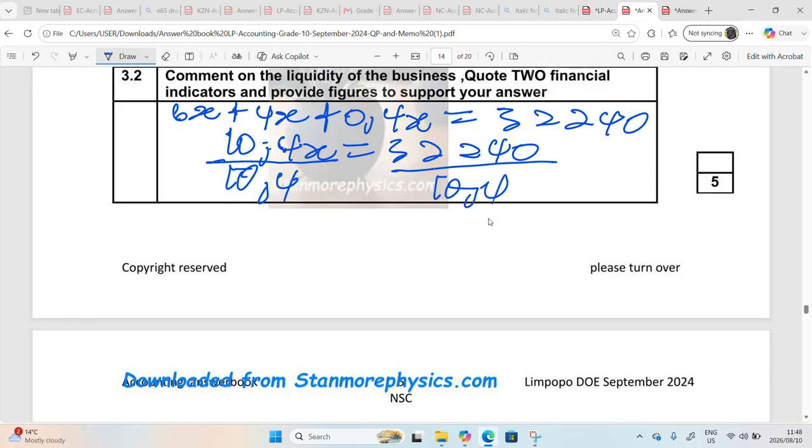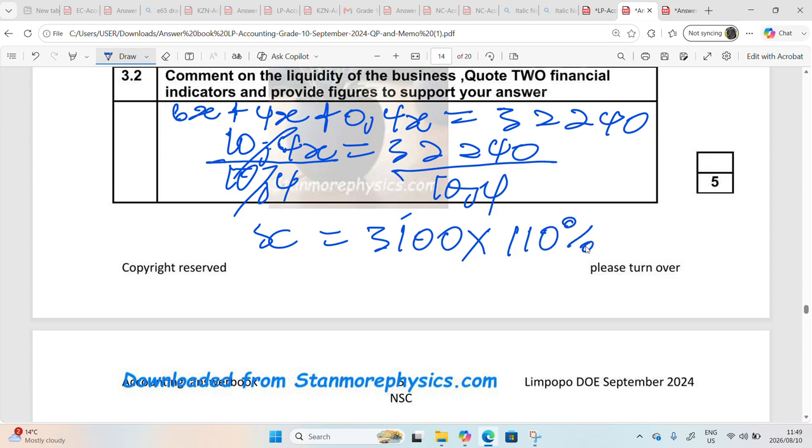These two will cancel. x equals 3,100. So your rent before increase is 3,100. Now you're going to multiply here by 110. Why 110? Because your rent was increased by 10%, and then you have your new rent after the 10% increase.